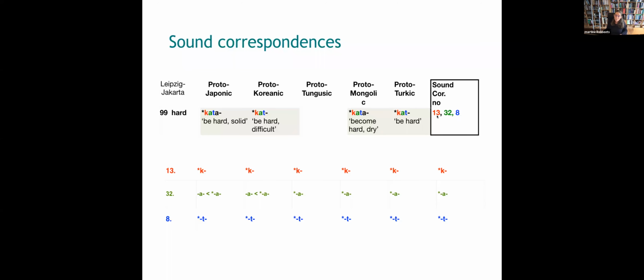Correspondence number 13 is this red correspondence for the initial K. Then we have a green correspondence for the medial A, and one in blue for the medial consonant T. If all subsequent phonemes of a word correspond regularly, they are considered a good cognate pair, good evidence. So this gray shading means that at least 3 subsequent phonemes of the root are corresponding regularly.